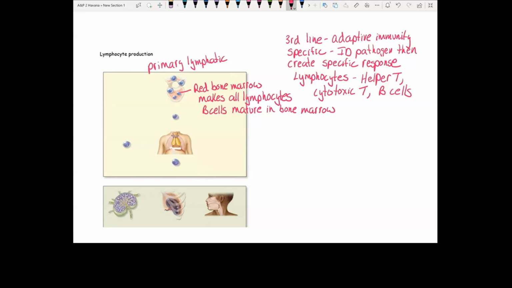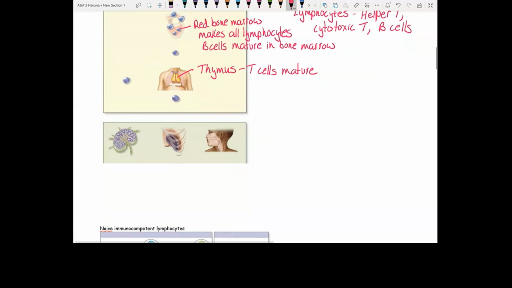All right, then do you remember this gland from chapter 21? Remember it's larger in children and shrinks in adults? This is the thymus, and this is where T cells mature. And that's how they got their name, T cells, because they mature in the thymus gland. Once the cells are mature, they go to your secondary lymphatic structures.